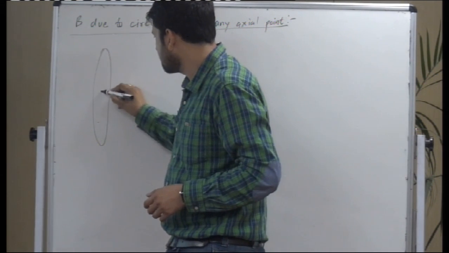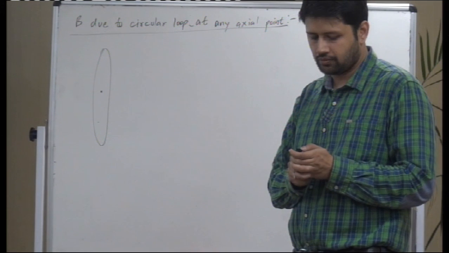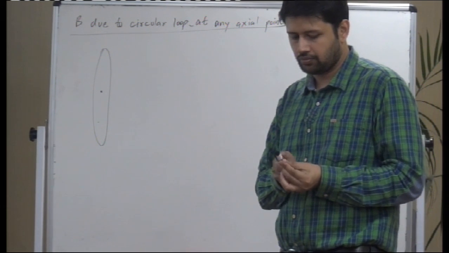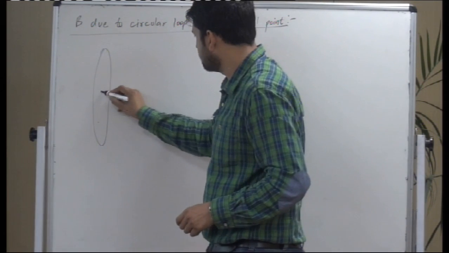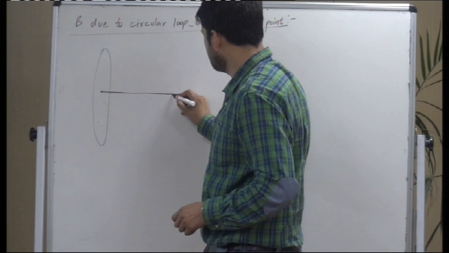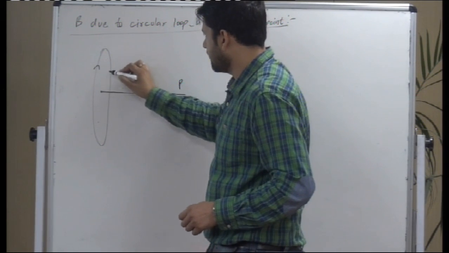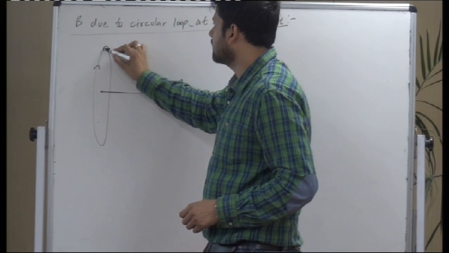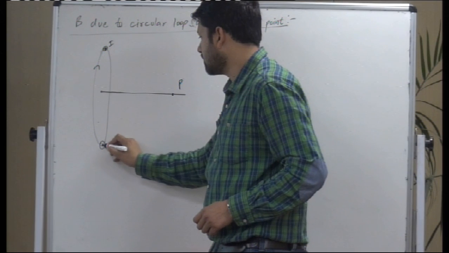So this is the current carrying loop. Let's say the point P is here. At this point the current is going in, at this point the current is coming out, right?